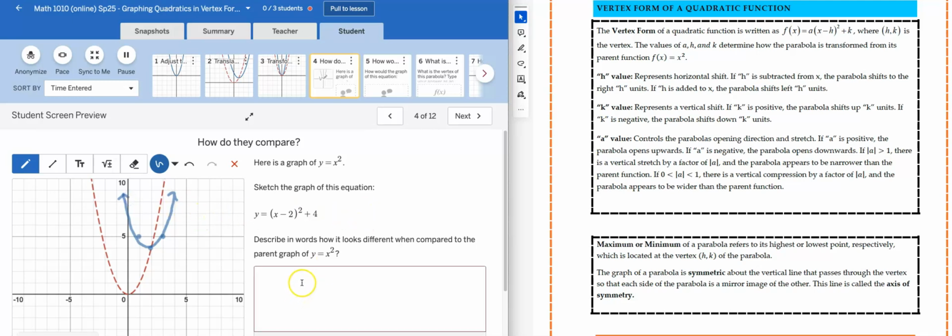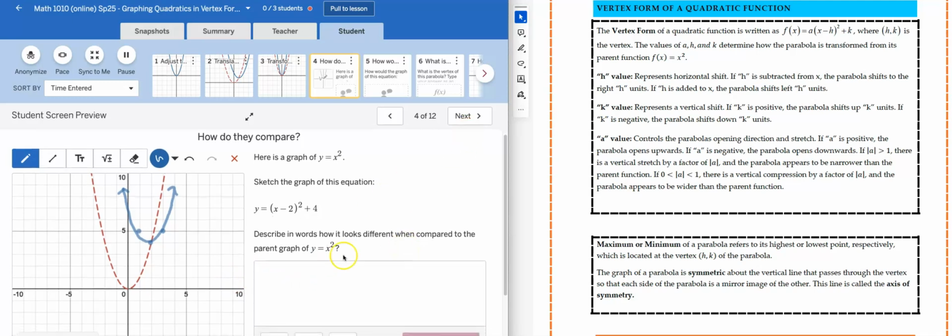All right. So when you're describing it in words, think about how it's being shifted. We would say it's shifted 2 units to the right and 4 units up. So that's what we can say here.